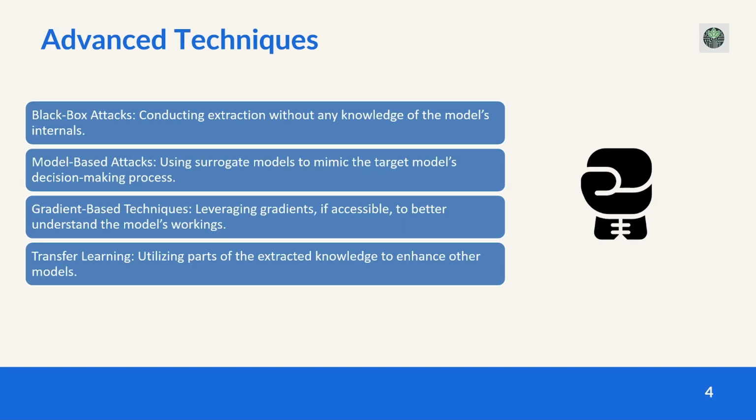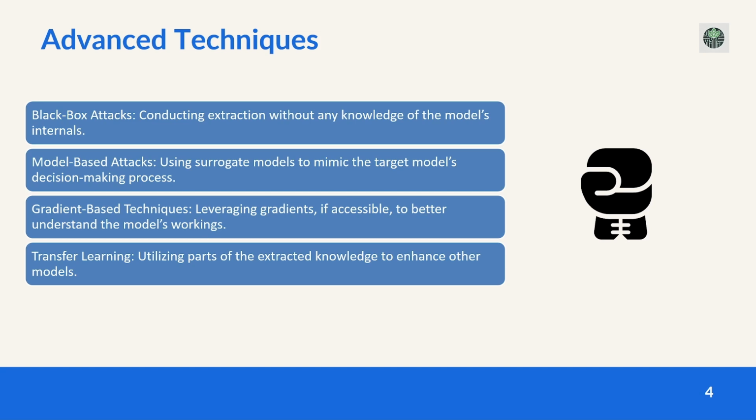When we move into more advanced techniques, attackers employ things such as black box attacks, where they have no internal knowledge of the model, but still manage to extract valuable information through extensive queries. They also employ model-based attacks, which use surrogate models to mimic the decision-making process of the target model.